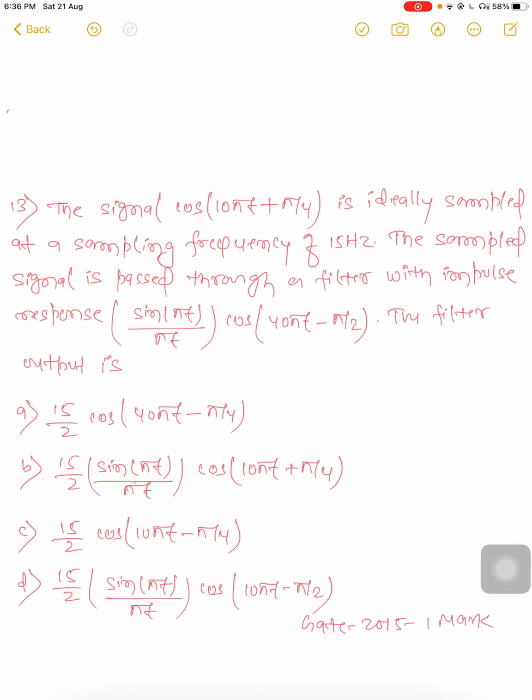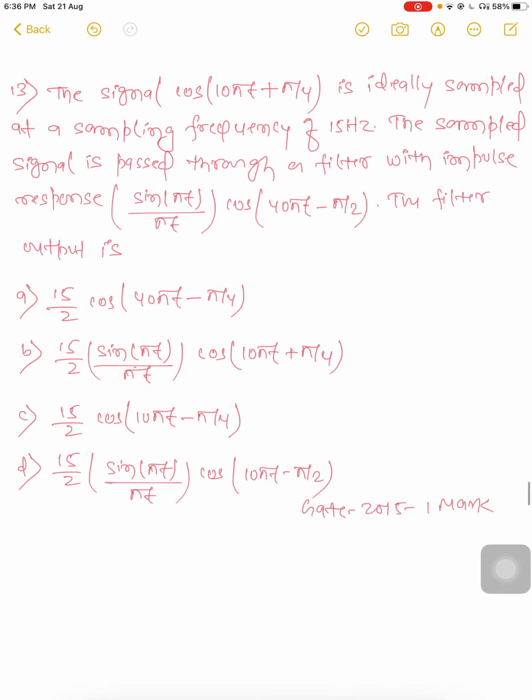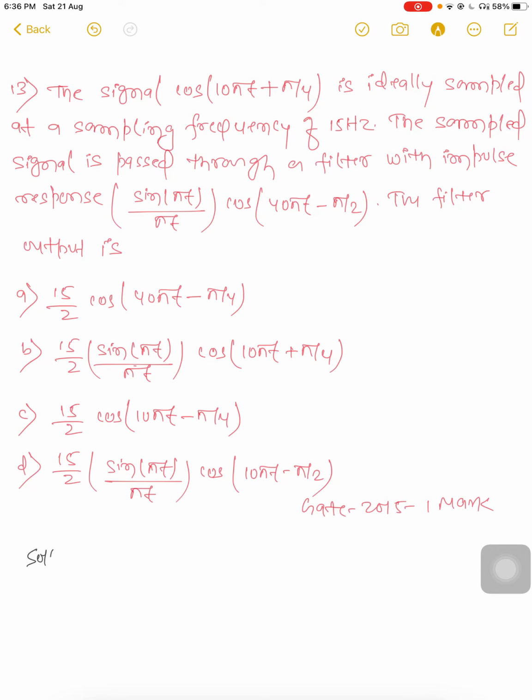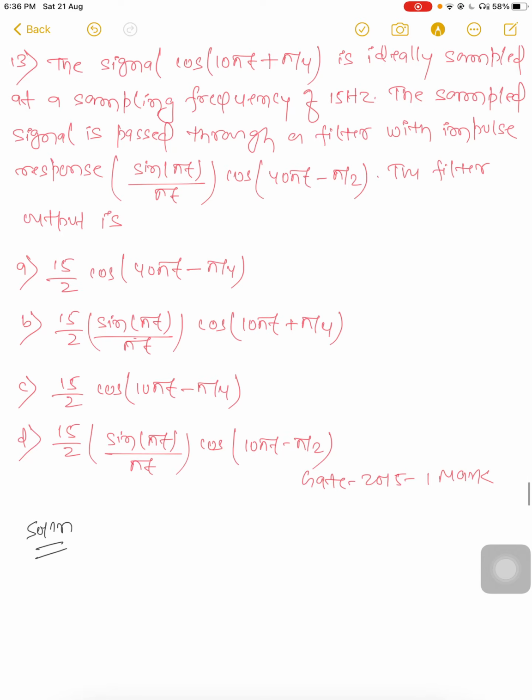The signal cos(10 pi t plus pi by 4) is ideally sampled at a sampling frequency of 15 Hz. The sampled signal is passed through a filter with impulse response given by sin(pi t) upon pi t times cos(40 pi t minus pi by 2). The filter output is?